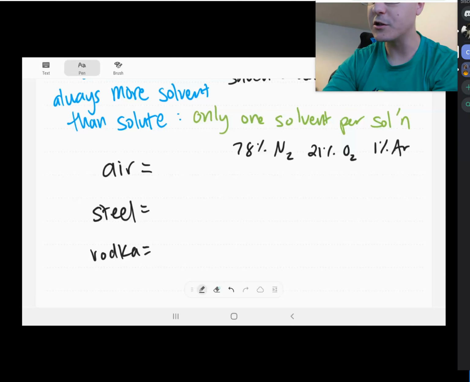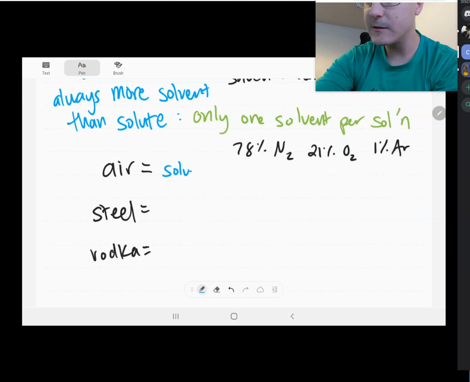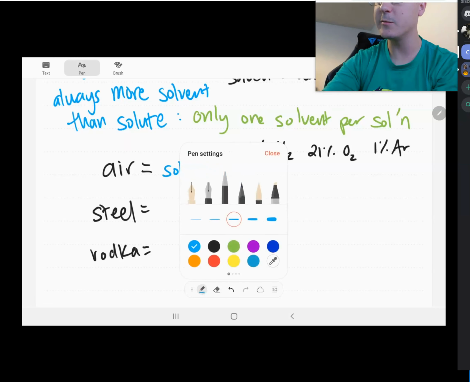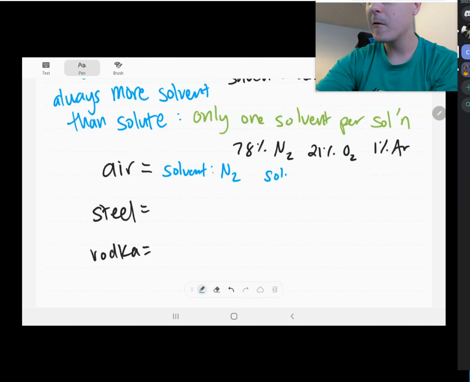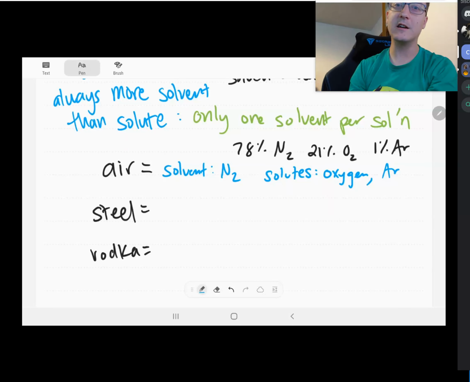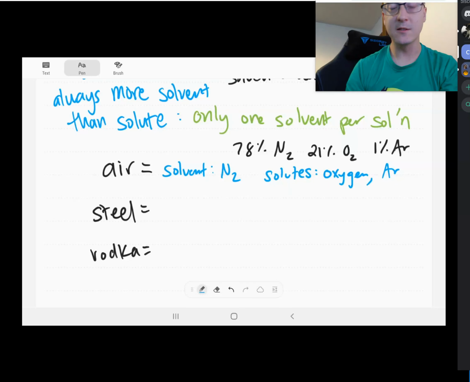Yeah, nitrogen for sure. So our solvent is nitrogen, and the solutes are going to be everything else. Oxygen, and then argon, and if we had water in there, and carbon dioxide, that's all going to be part of the solutes. So solvent, the big one, and solutes are everything else.